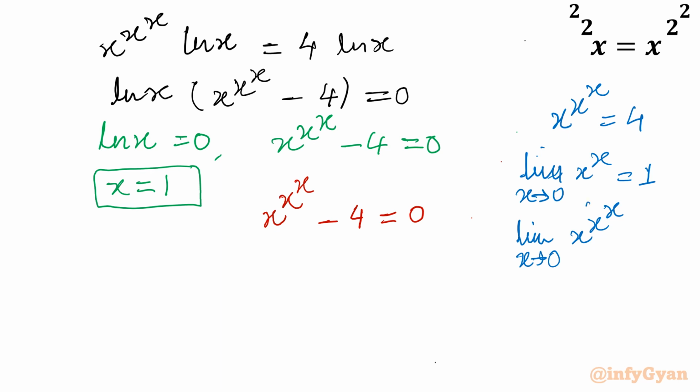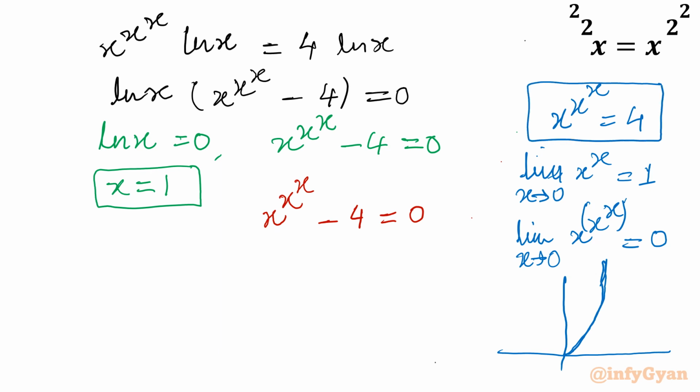If you check, the exponent is tending towards 1 and the base is tending towards 0, so that value will be 0 power 1, that means 0. To draw the graph correctly, its graph would be like that, x power x. Now see, the right hand side is 4, so one intersection is there. That is all about the uniqueness of the solution. A single solution is possible, one solution is there.